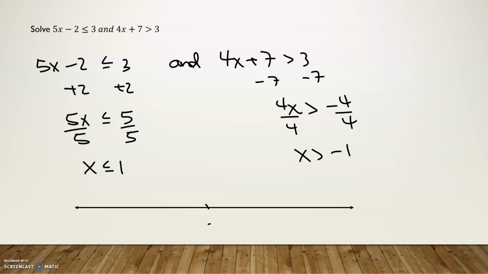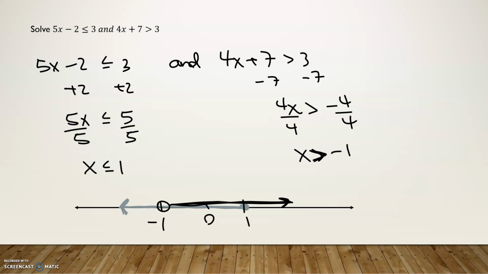So if we graph that, we've got a 0 here, here's a 1, and here's a negative 1. So on the 1, we're going to have a closed circle, and our arrow is going to point this direction. For the negative 1, we're going to have an open circle, and our arrow will point the opposite direction because our inequality is pointing this direction.